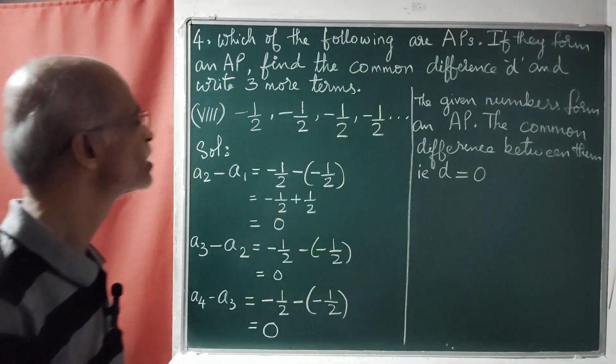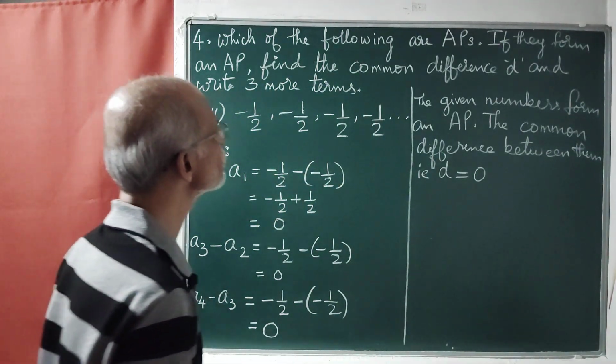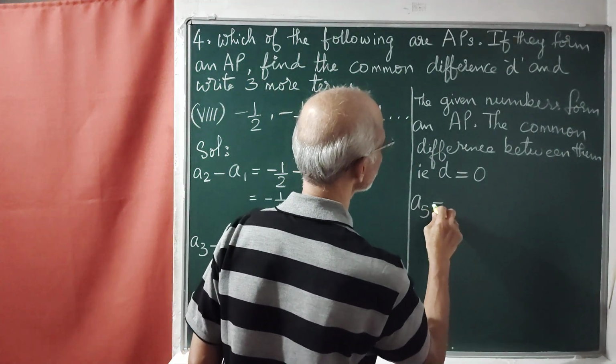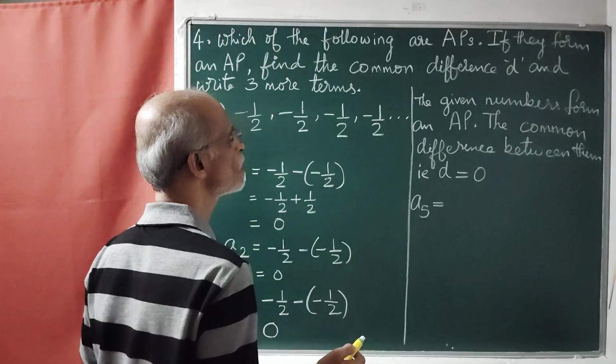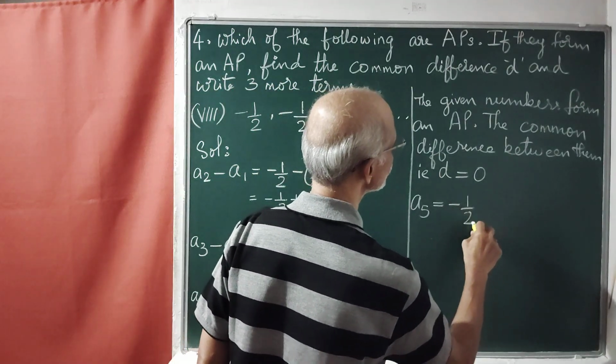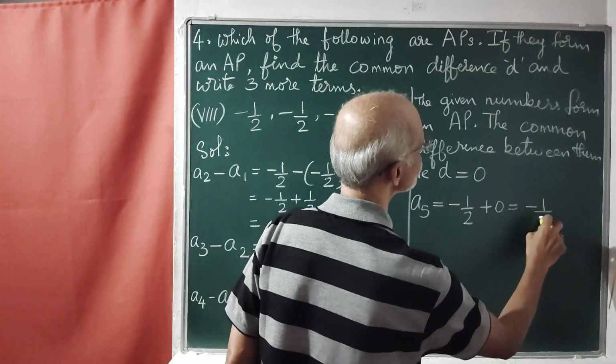Now we have to find 3 more terms. We have to find A5. So to get A5, add common difference to A4. So minus 1 by 2 plus 0. We get minus 1 by 2.